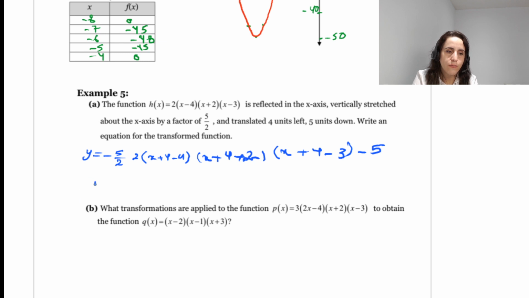Then my equation is going to be y equals negative 5x, this one is going to be x plus 6, next bracket x plus 1.